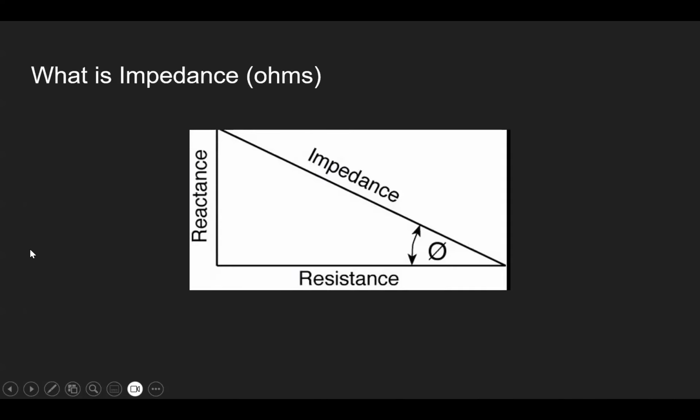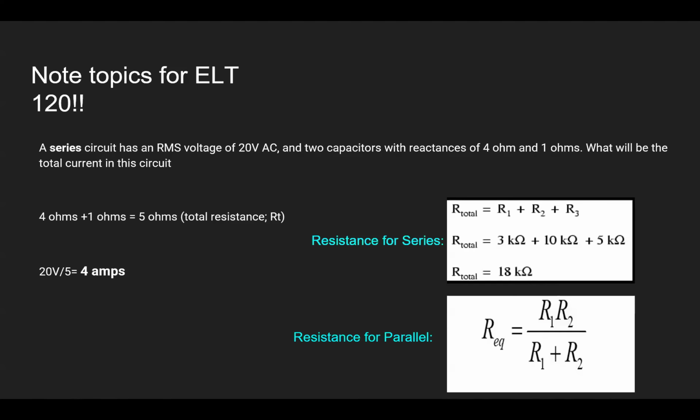Okay, so the last little bit of this week is talking about impedance. Impedance is another term, and essentially it's the sum of reactance and resistance. I might have misspoke a minute ago when I said you can just add the resistance and reactance together.